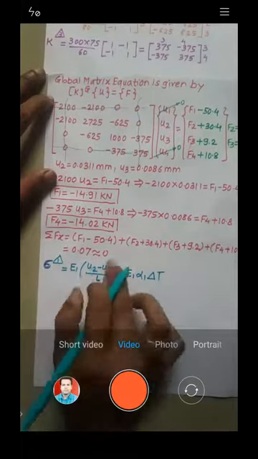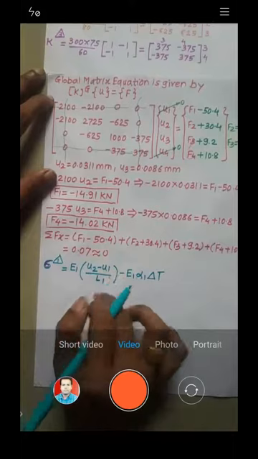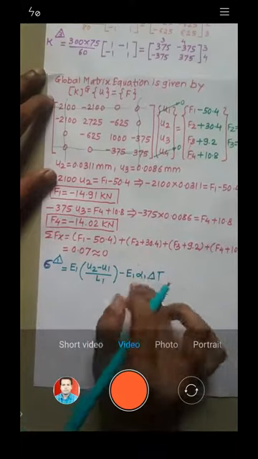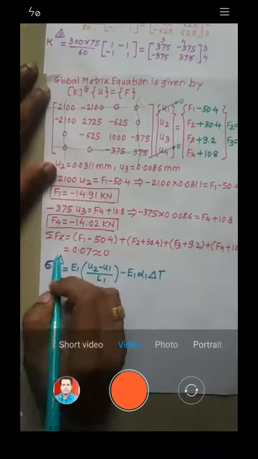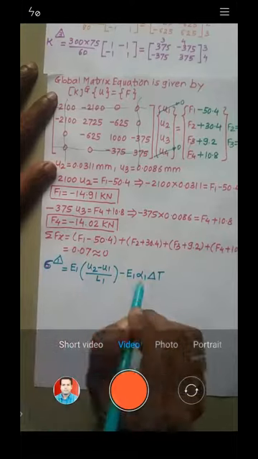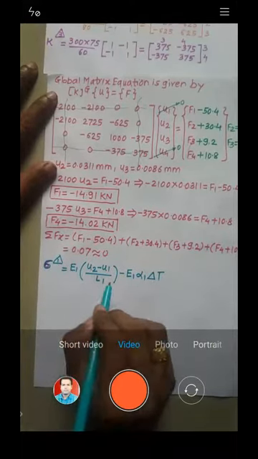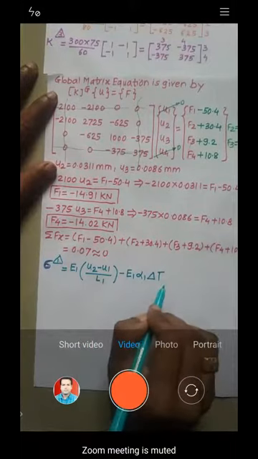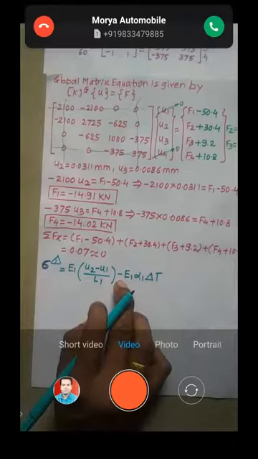This stress is due to point loads, and this stress is due to thermal loads. So on element number 1 there is a combined effect of axial loads as well as thermal loads. This term takes care of thermal load.